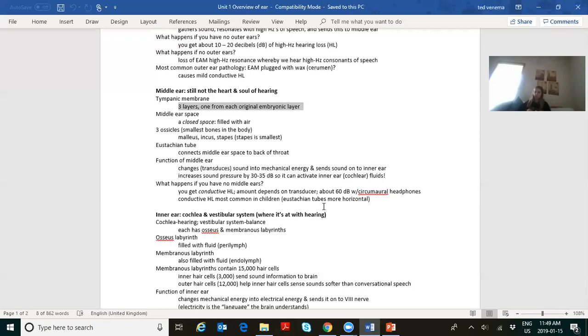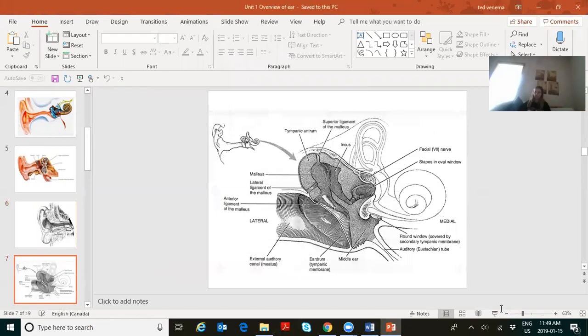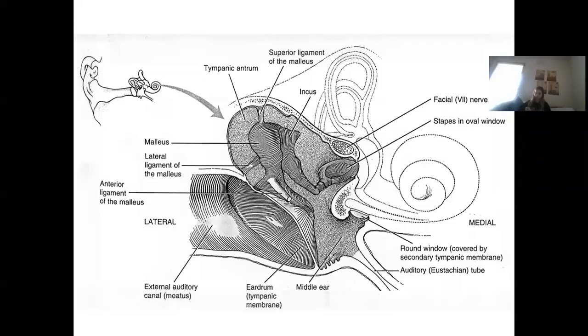Interesting. The middle ear space is closed. It's a closed space filled with air. Let's look at a picture of it. The middle ear, I'll blow this up and make it larger. The middle ear, behind your eardrum, you've got the 3 bones here. Now note the one that's attached to the eardrum.